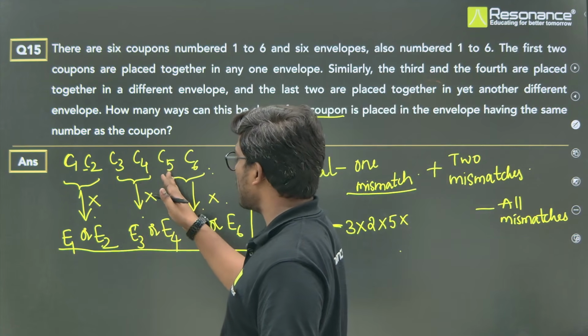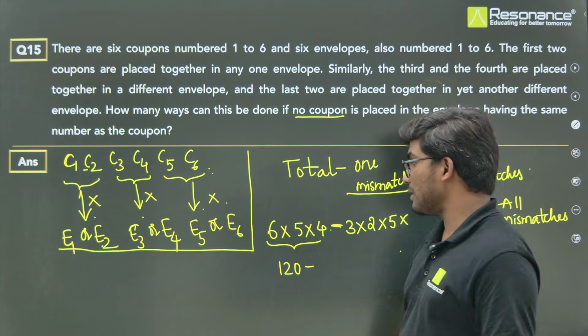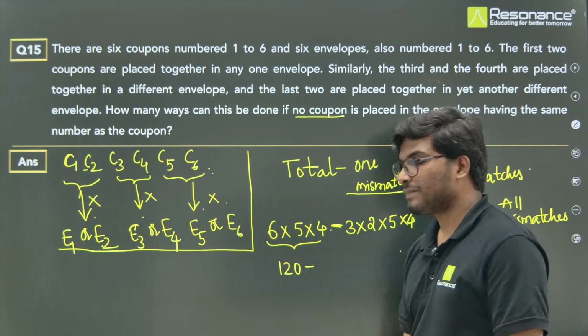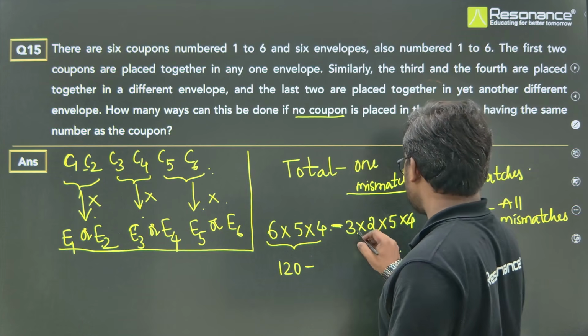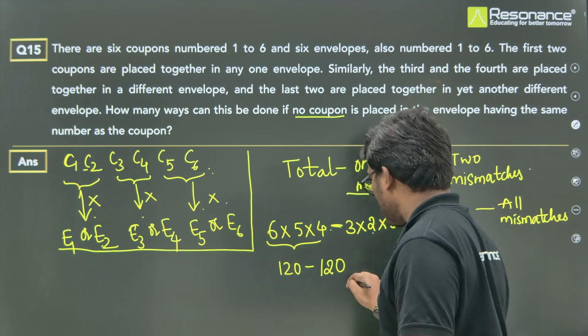And once this is gone, C5 and C6 can go to any of the 4 envelopes left, so multiply by 4. So this is 20 times 6, 120 again.